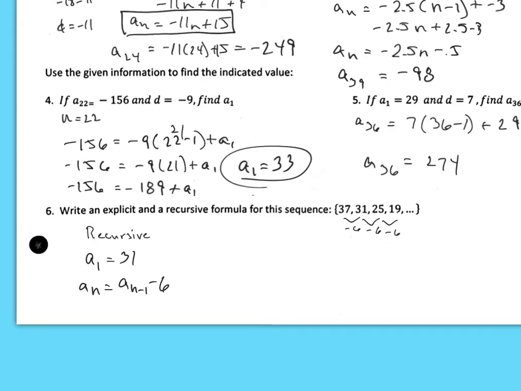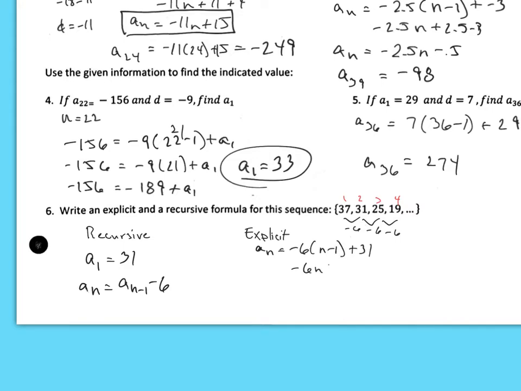Now, if you want, we did this yesterday. You can just figure it out. How do I go from 1 to 37, 2 to 31? But today, we have a formula for that. So if you want to guess and check, go right ahead. I'm not going to. A sub n is equal to the difference times n minus 1, plus the first term.